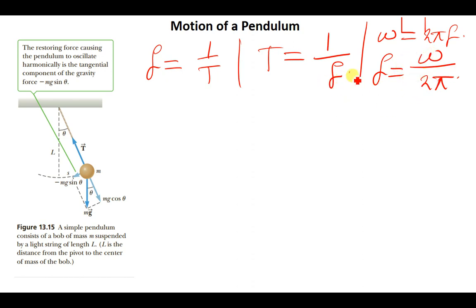If you want, we can replace this there. So the period will simply be equal to 1 over W over 2 pi.